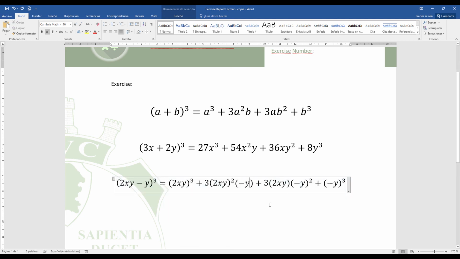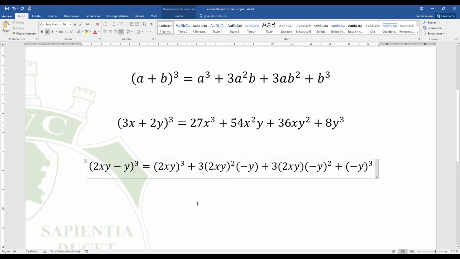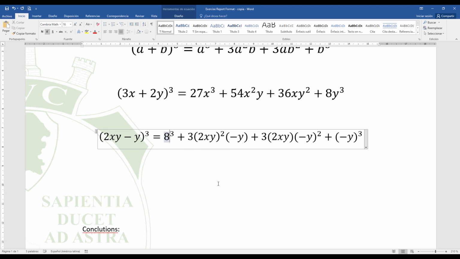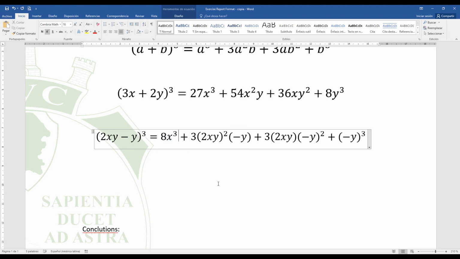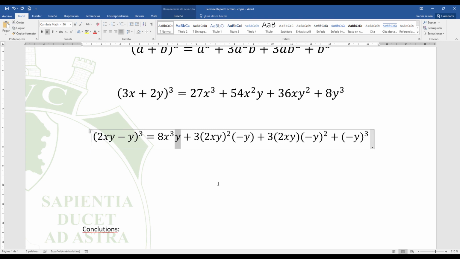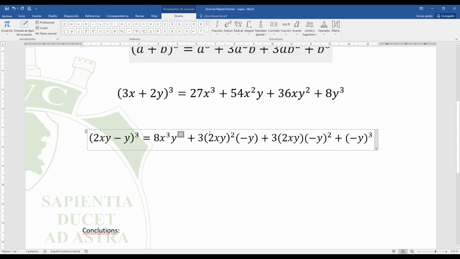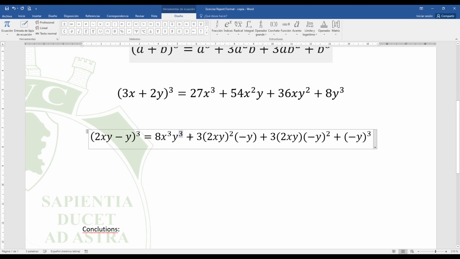Now we will do the operations indicated here. This is 2xy all to cube, or the cube of that. So in that case it is 8x cubed y cubed.